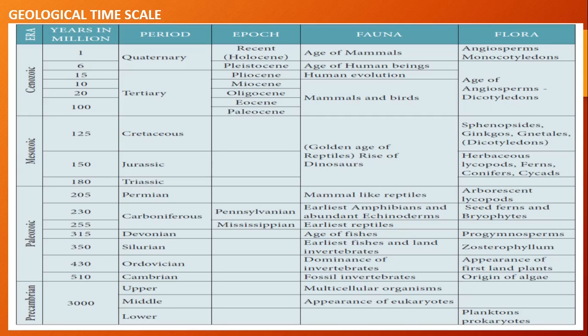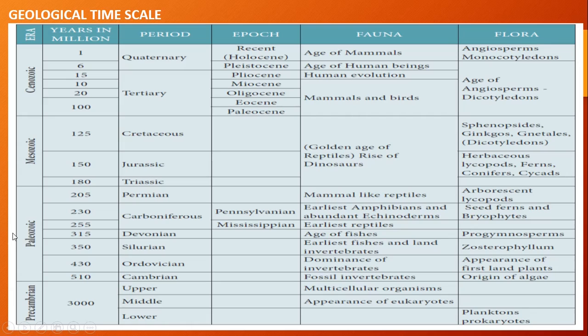Say for example, in Precambrian period, planktons and prokaryotes evolved in flora. In fauna, there are no animals. Then appearance of eukaryotes, then multicellular organisms, etc. In Mesozoic era, there are reptile dominations, so this era is called the golden age of reptiles.